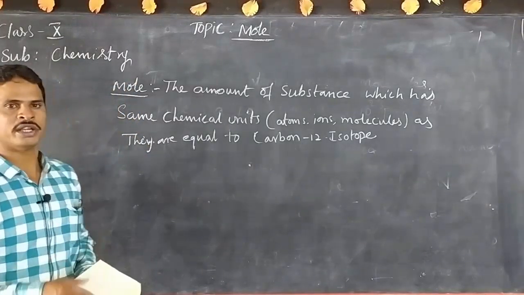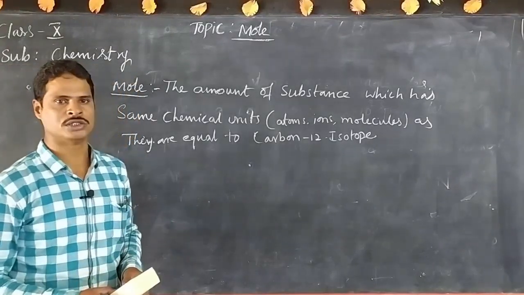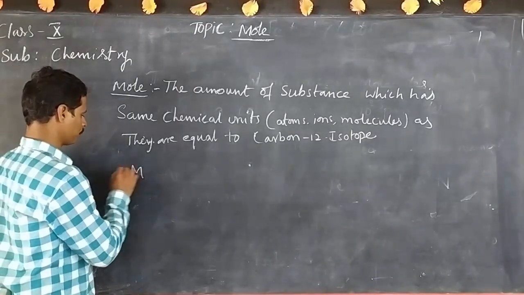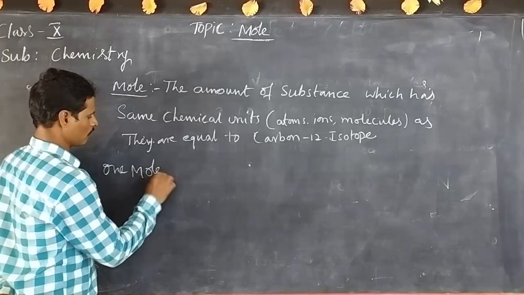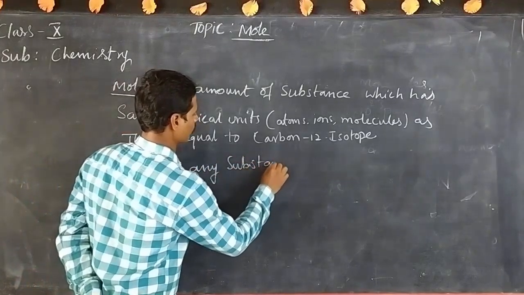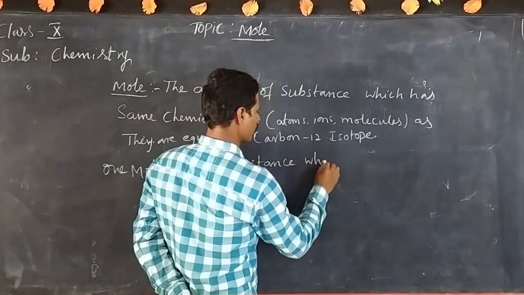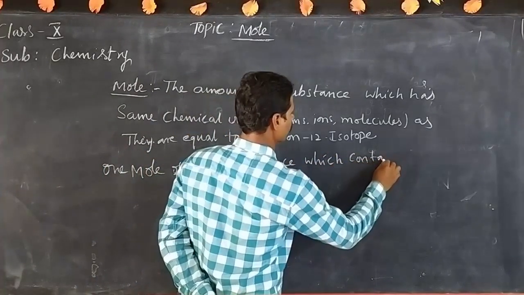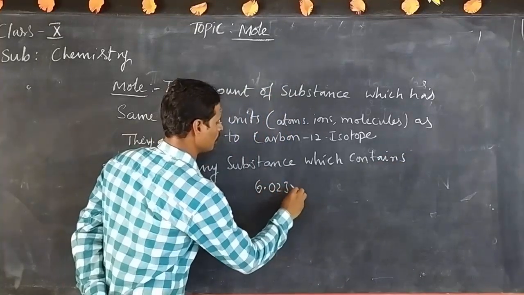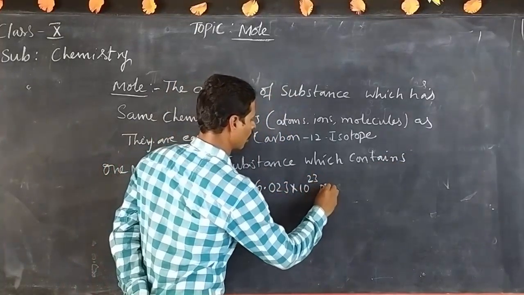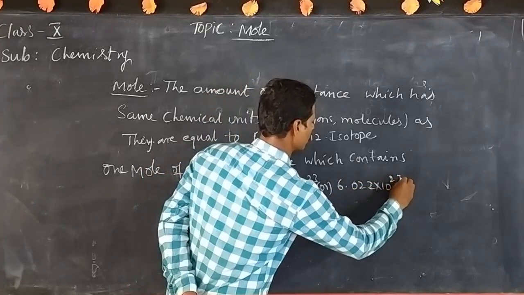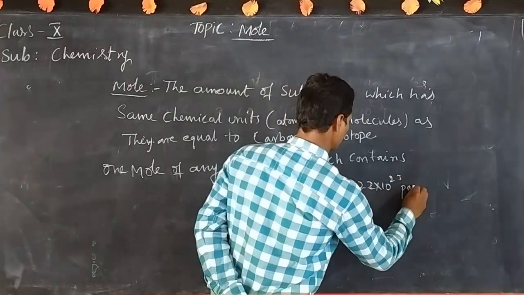Next, 1 mole of any substance contains 6.023 into 10 to the power 23 particles.